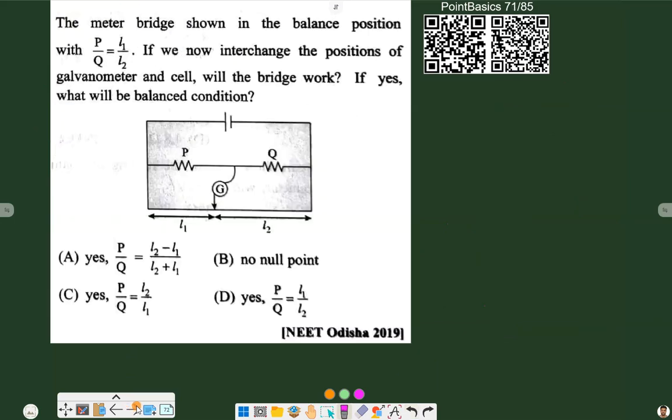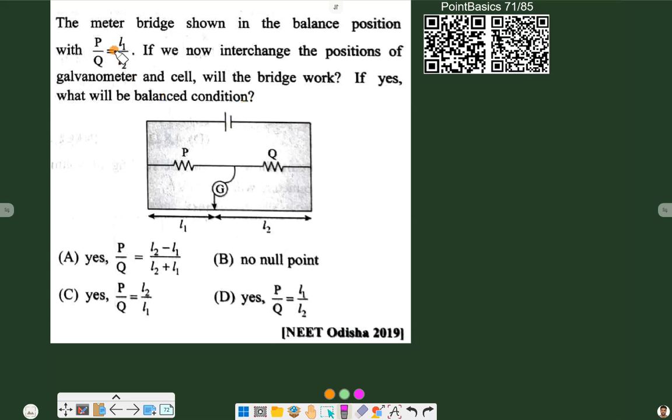Moving to next one. So the meter bridge is shown in the balanced position, P by Q is equal to L1 by L2. If we now interchange the position of the galvanometer and cell, will the meter bridge work and what will the balance condition be? So yes, the meter bridge will work and the balance condition will stay as it is.